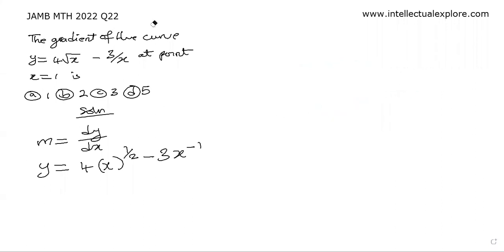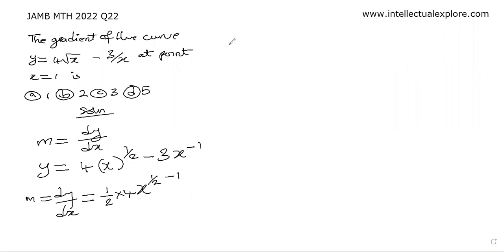Okay, so now let's find our dy/dx. Our dy/dx will be 1 over 2 times 4 x raised to the power 1 over 2 minus 1. Okay, quick recap.